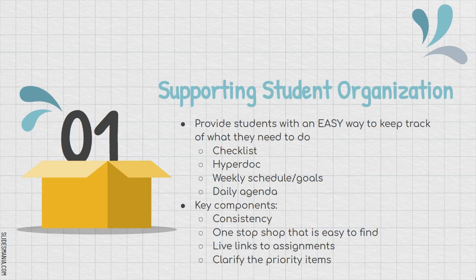If students think that they have 20 things that have to be completed in the last 3 days of class, they're going to feel like there's no chance they'll be successful. But if you can say, these are the top 3 things I really need from you, and we won't worry about the rest, then it becomes much more manageable for them. So always clarify, what are the must-have items and what are the things that would just be nice to have if the student has time.